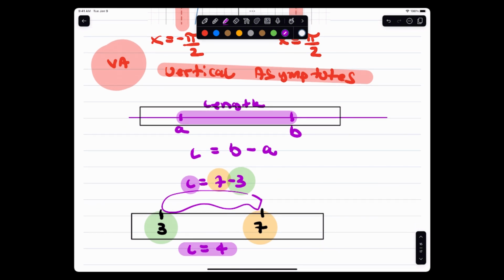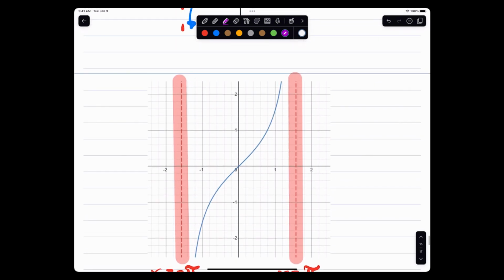You guys okay with that? Easy peasy lemon squeezy. 4 units. Now, you might say, Mr.